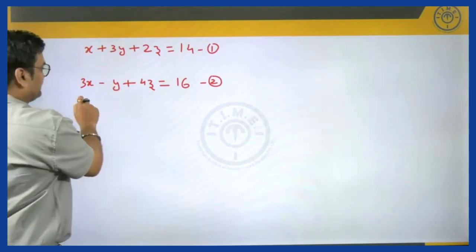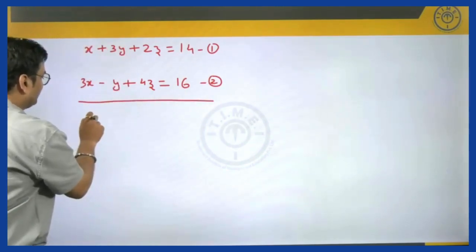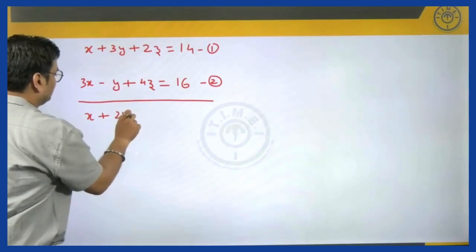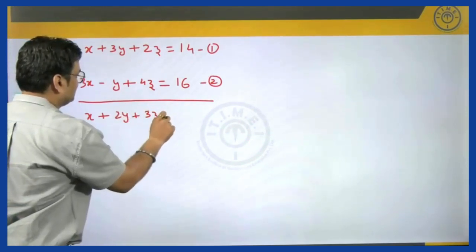These are two equations given to you, and then he's asking you to find out the value of x plus 2y plus 3z will be how much.